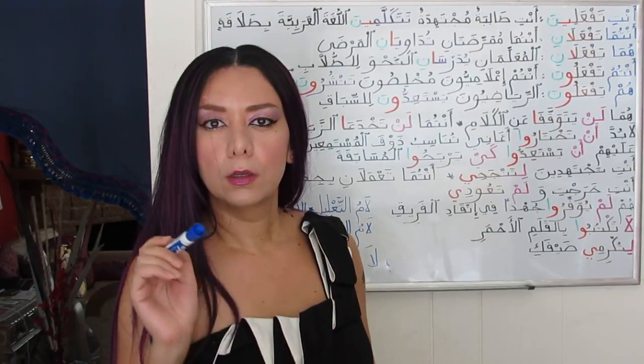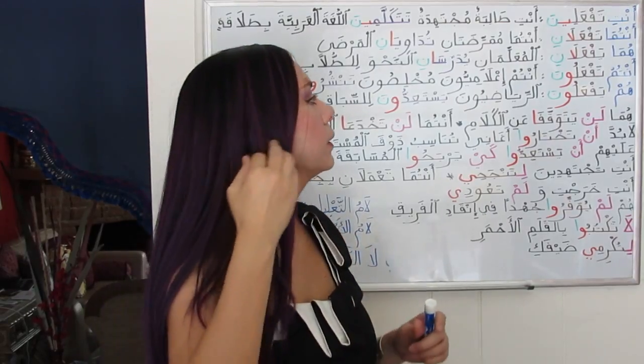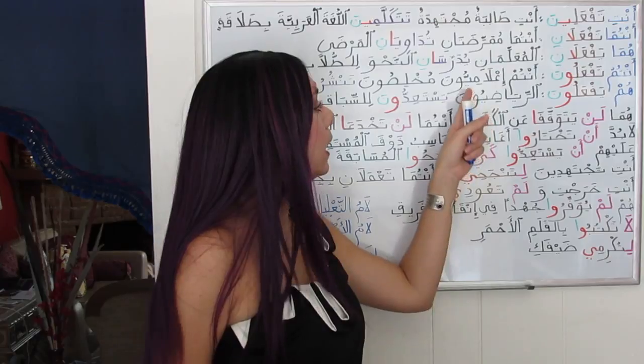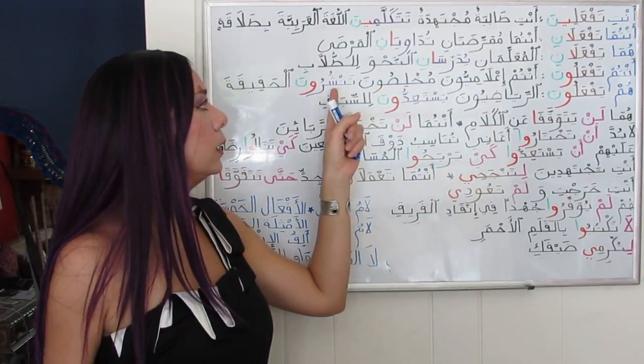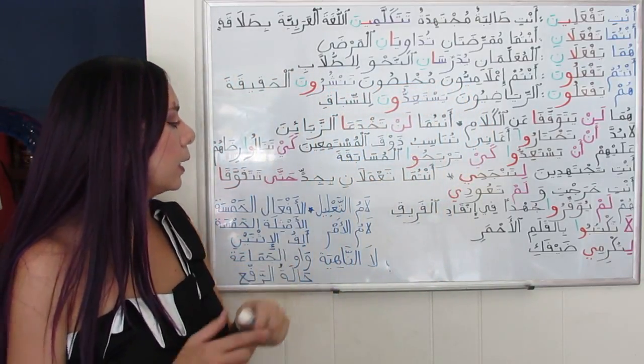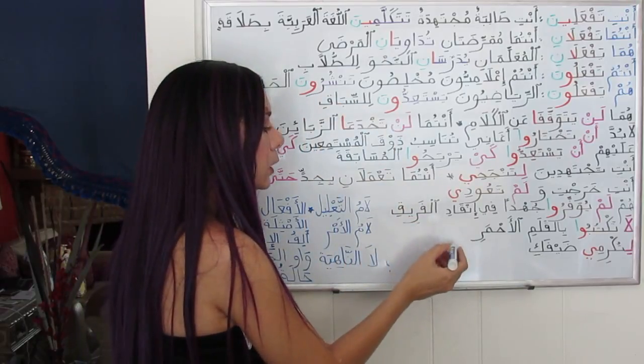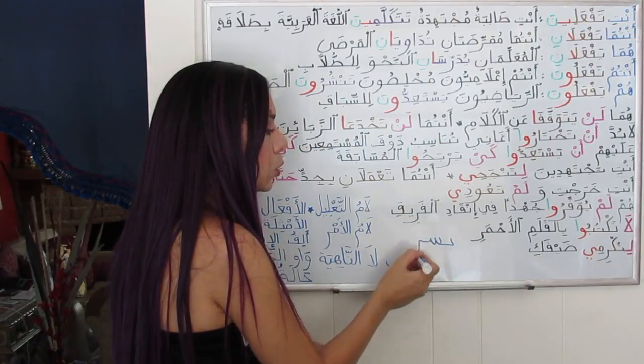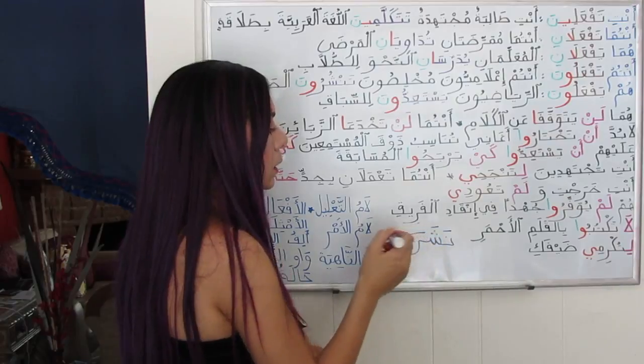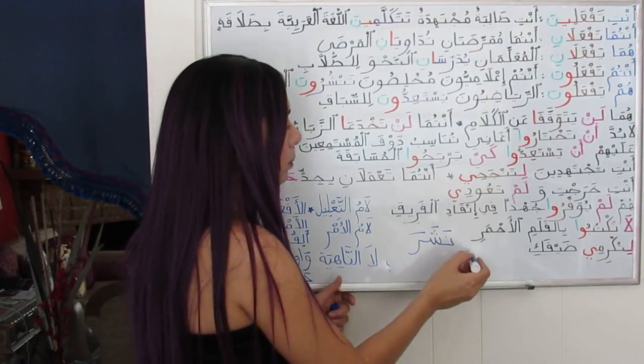Antum, second person plural, masculine. Antum إعلاميون مخلصون تنشرون الحقيقة. From the verb نشر, to publish or to spread. إعلامي, publicist.